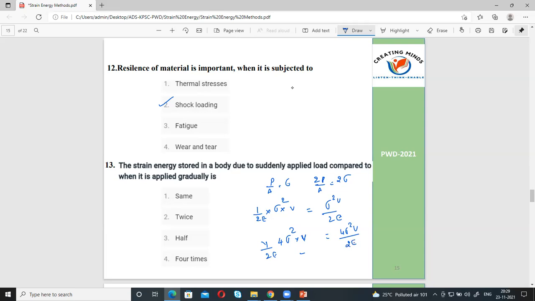Now if you take the ratio, sudden to gradual, 4 sigma square V by 2E divided by sigma square V by 2E, sigma square and 2E get cancelled. How much are we getting? 4. That's why it is 4 times.